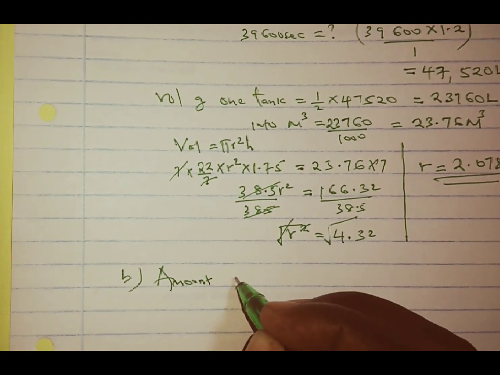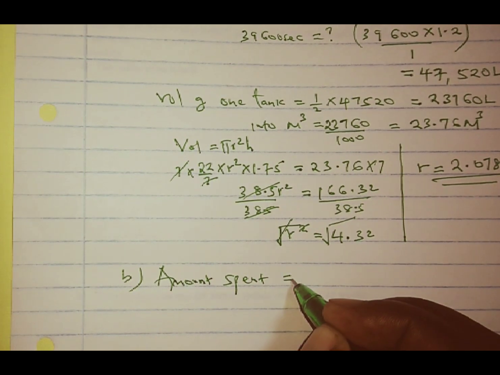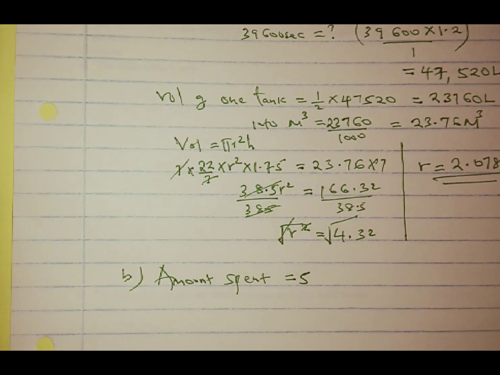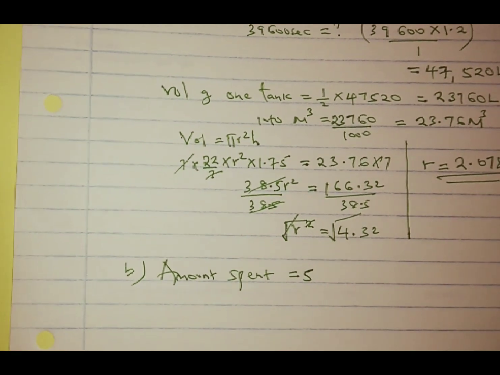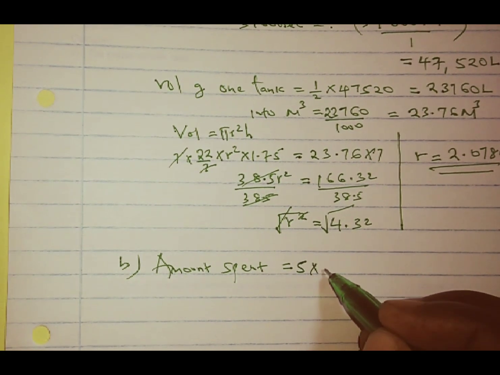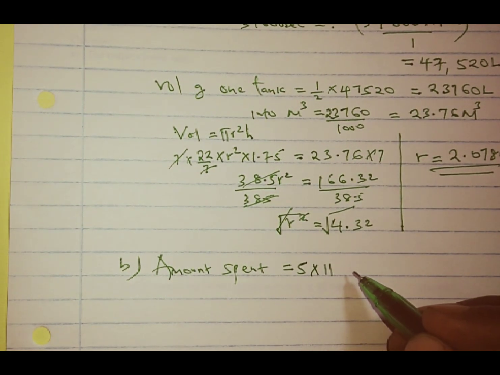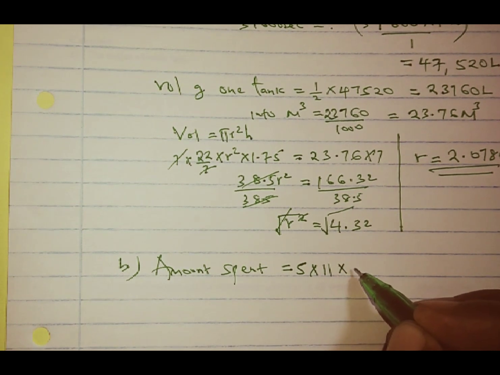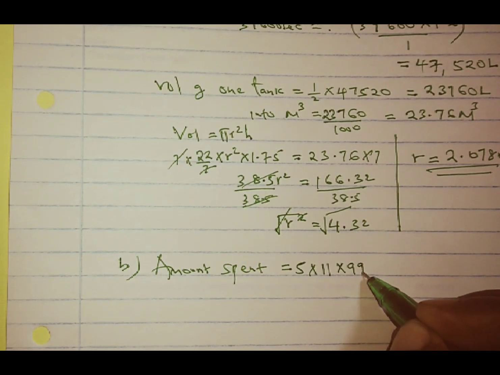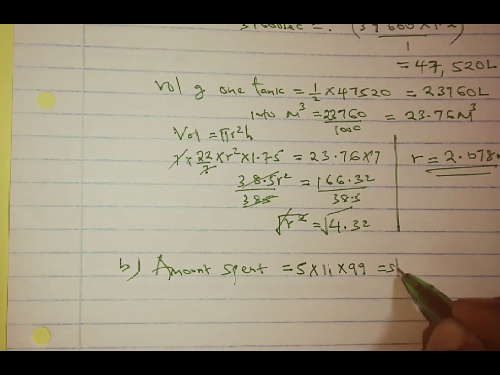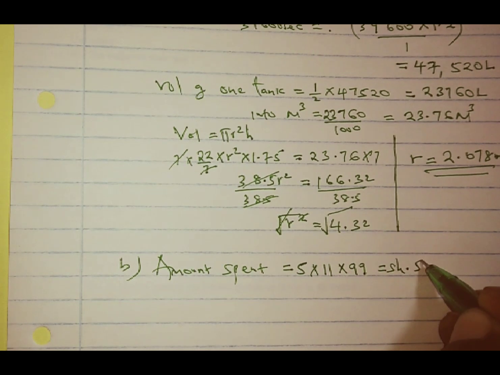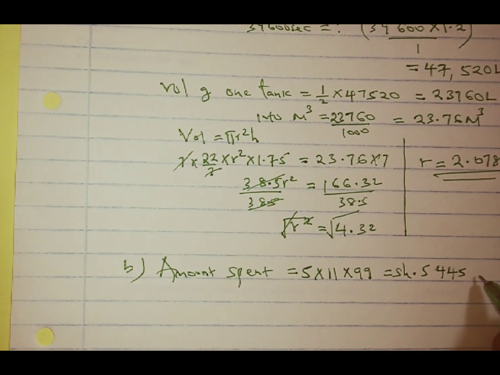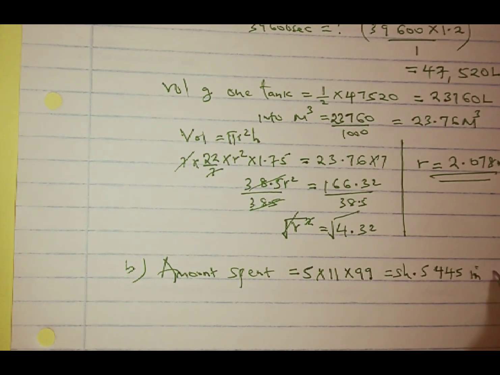The amount spent will be equivalent to, remember, we have 5 liters per hour. We multiply by the total number of hours that were taken to fill the tank. We multiply by the cost of petrol, which is 99, and this gives us an amount equivalent to 5,445, and this amount is in 2 weeks.